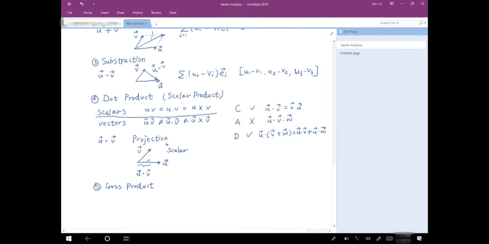And the cross product is called a vector product, because the cross product of two vectors will be another vector.